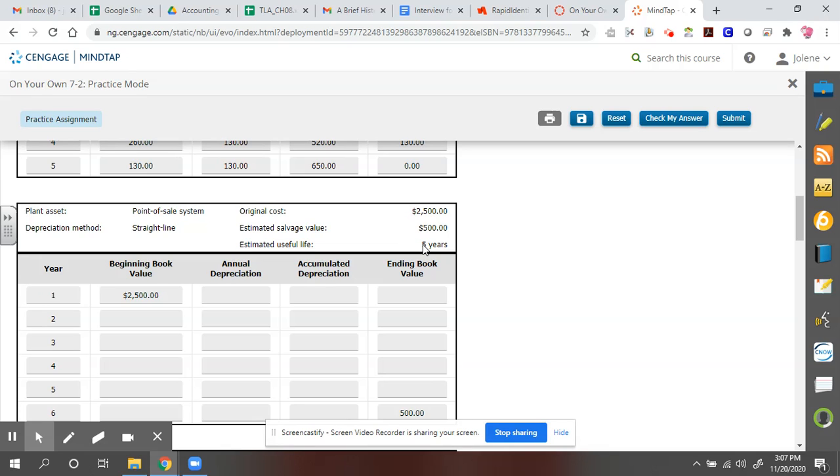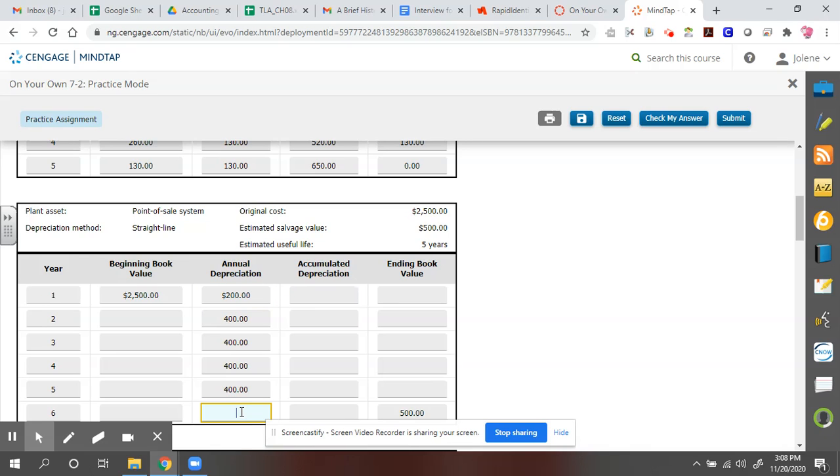In a normal year, you're going to take $400 off, and $400, and 400, and 400. However, this first year is not normal because they bought it in July. They're only using it for 6 months, July to December. So that's 6 of 12 months, half of the year. You have to take half of your depreciation, so half would be 200 for this first year.